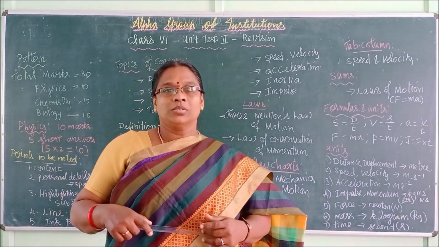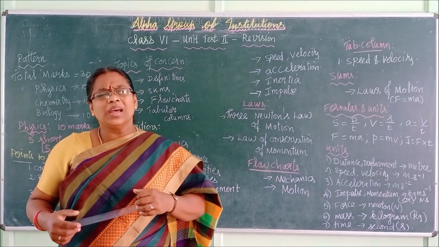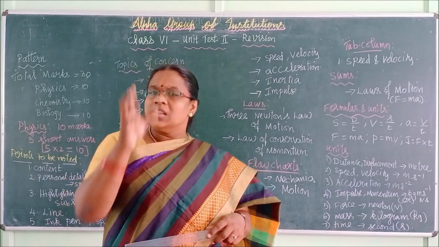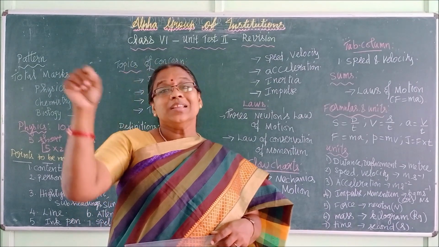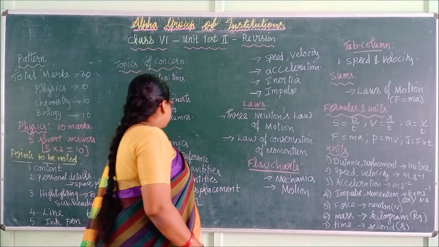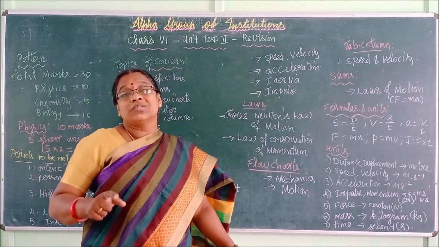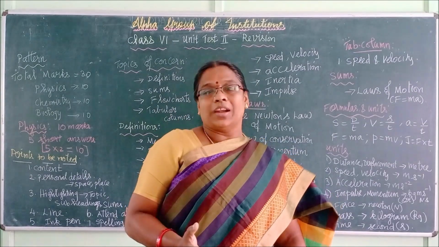Newton second. What is its formula? J is equal to F into T. In the heading itself you write the symbol: impulse, bracket, capital J. Okay. So these are the definitions you need to learn thoroughly. Learn these definitions first. Write and revise it at your home.